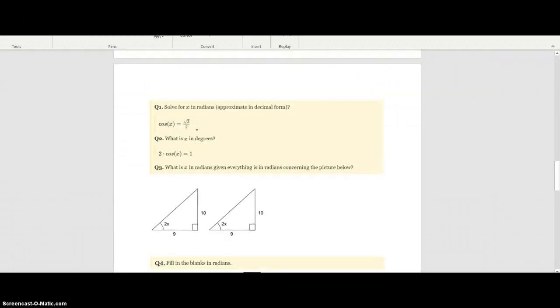Cosine of x is equal to the square root 3 over 2. Well, the first step is that we take the inverse on the left-hand side as well as the right-hand side. The reason we do this is that we can get this x term all by itself. So let's do that over here.